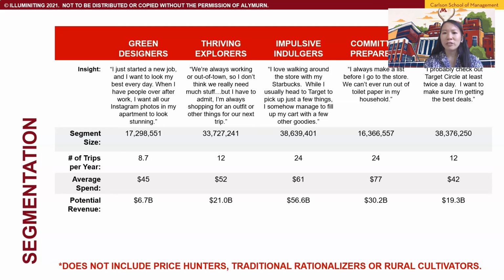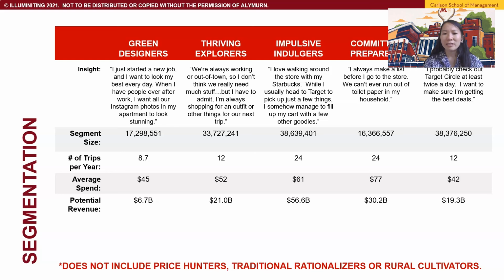The potential revenue takes the segment size, multiplied by the number of trips per year, multiplied by that average spend to get to what that revenue could look like for each segment. And you'll notice the impulsive indulgers are by far the largest segment at $56.6 billion. The committed preparers are next at $30.2 billion.